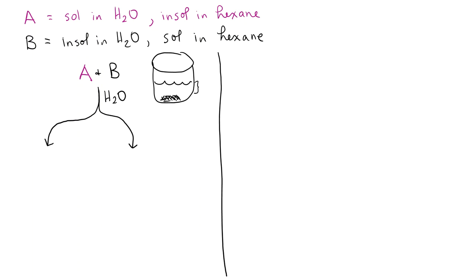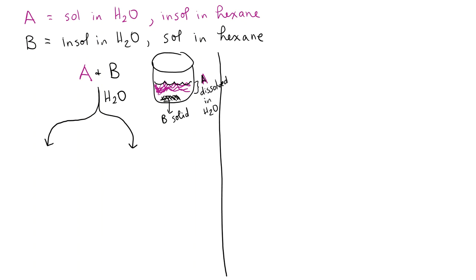So what's going on in that liquid layer is you have A dissolved in water. And, oh, that should be in purple, my apologies. All right, I'll color this in purple up here. This is purple liquid. And down here, you have B that, since it's not soluble, stays a solid. You can separate those two things via decantation or filtration.